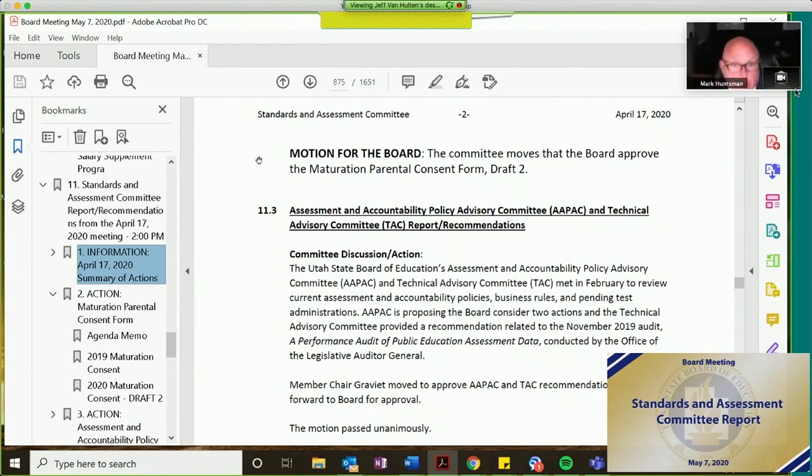Is there any discussion to the motion? Board Member Earl. Yeah, just a clarification. I know Board Member Hanson had requested that it match other opt-out forms similar in nature.